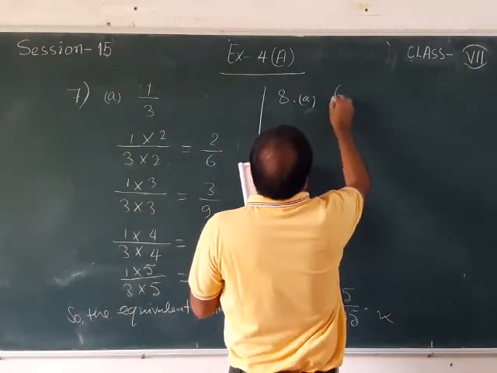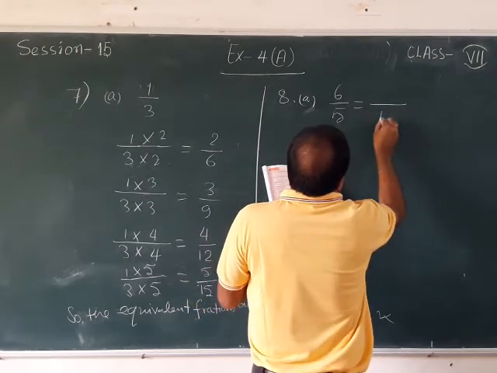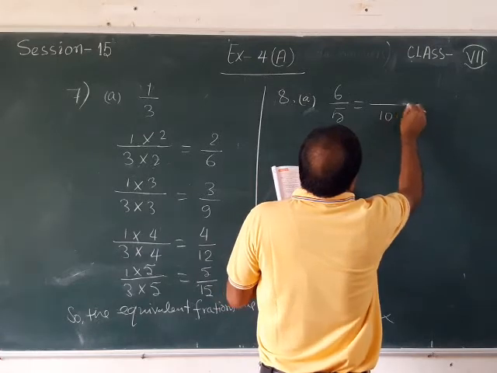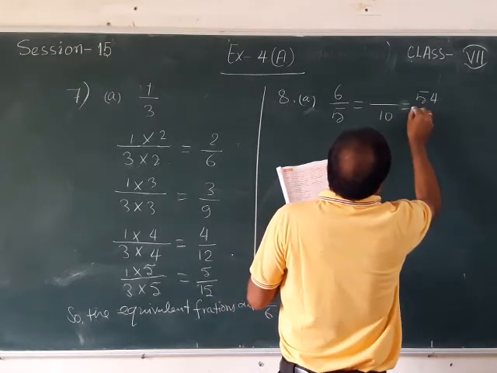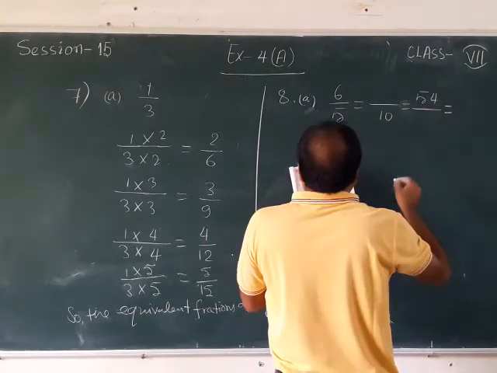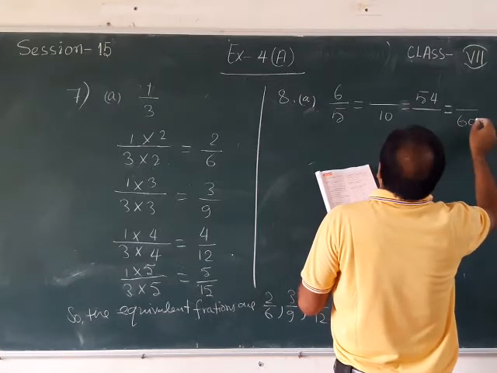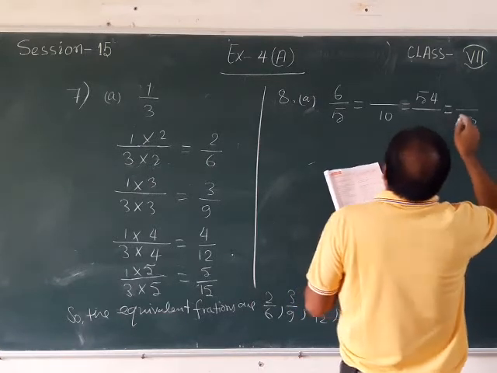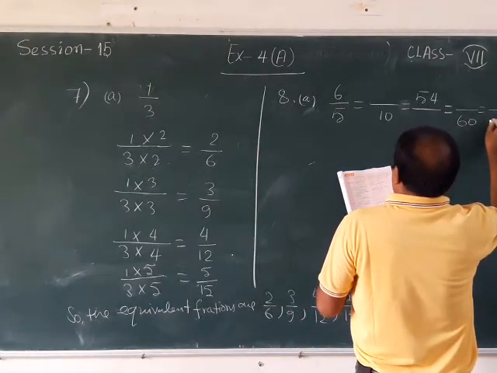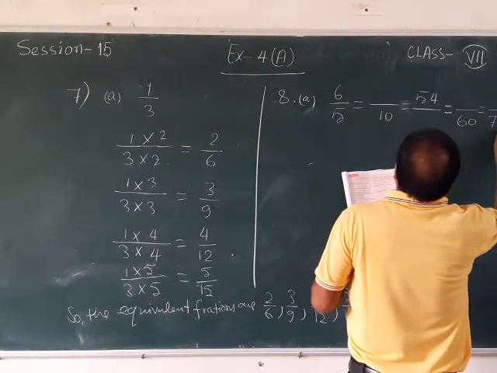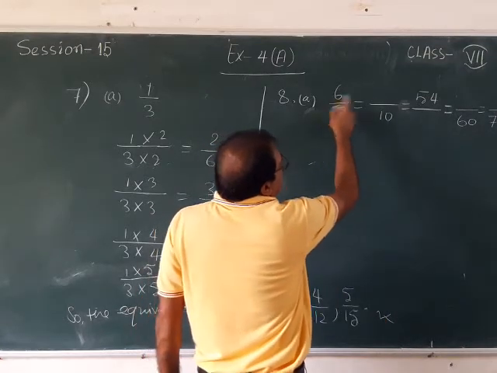Here it is written 6 upon 5, then dash upon 10, again it is written that is equal to 54 upon something, then dash upon 60, and then dash upon 75. So here you can see 5 2s are 10, 5 multiplied by 2, so 6 can be multiplied by 2.